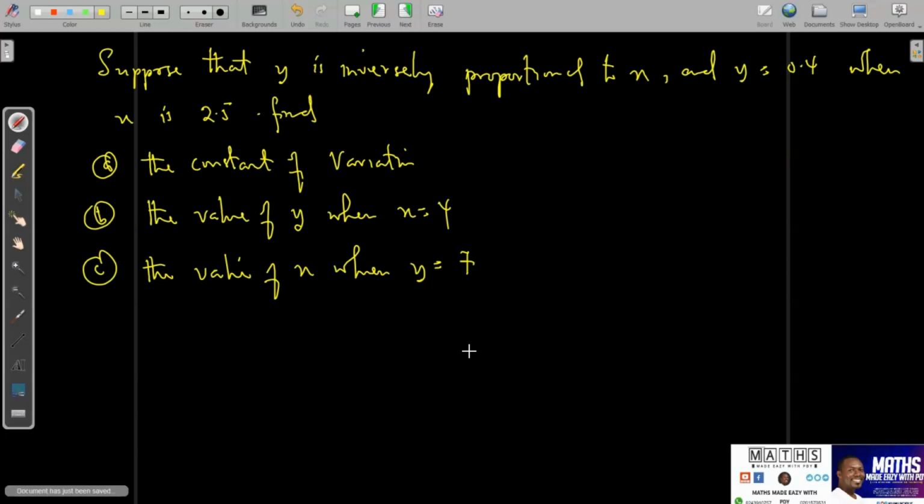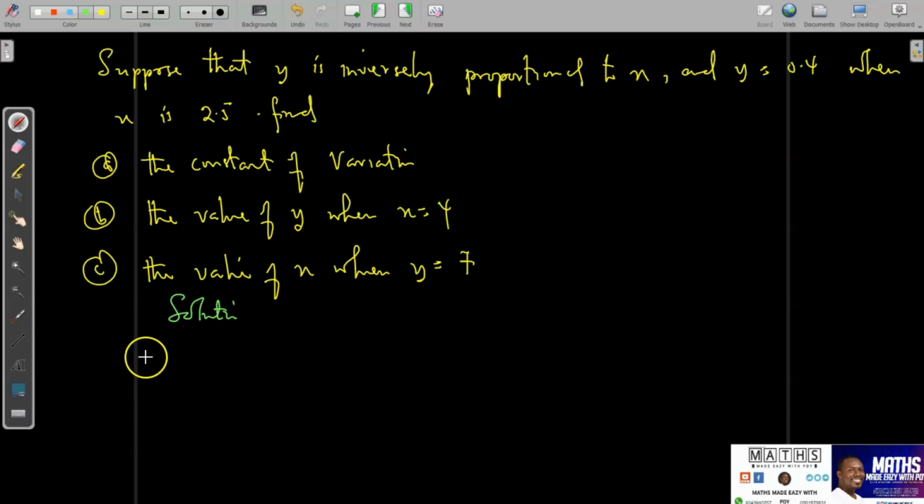All right. You're welcome. So the way forward in solving this, we need to change our statement into a symbolic form, or write a symbolic statement to represent whatever we have here. So suppose that y is inversely proportional to x.